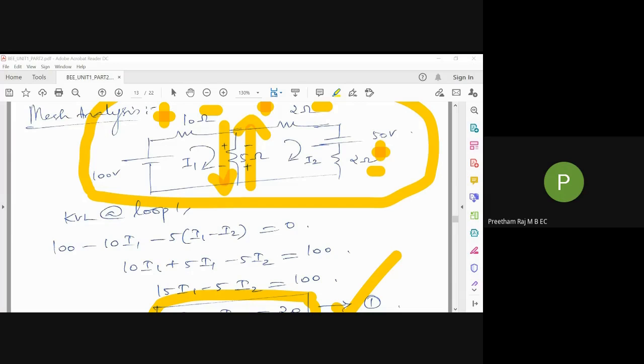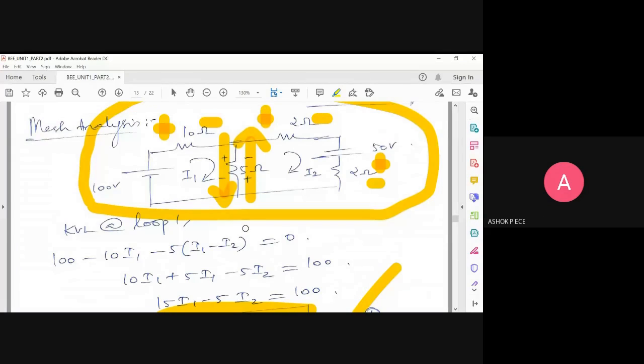Sir, 50 minus 2i2 minus 5 into i2 minus i1, minus 2i2, is equal to 0. Good, good.